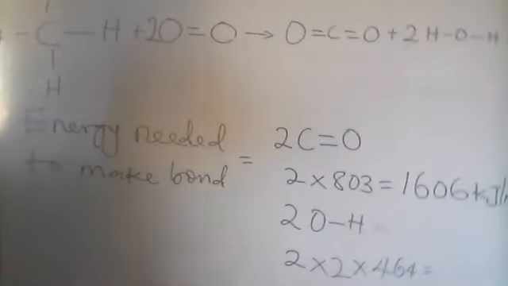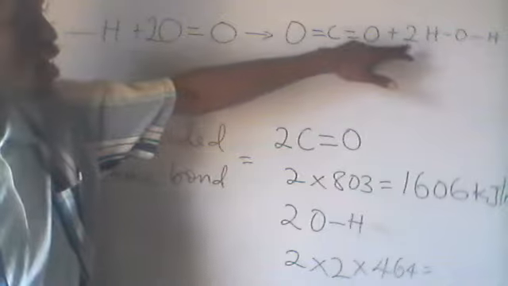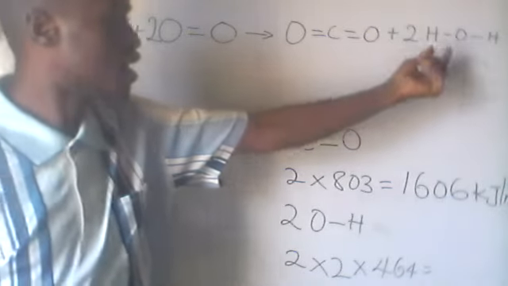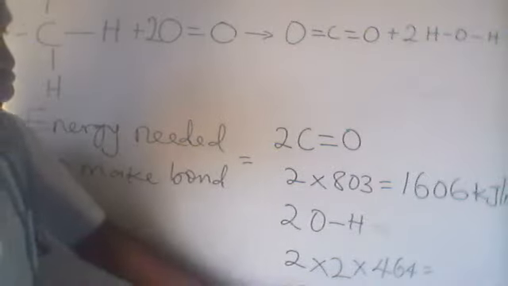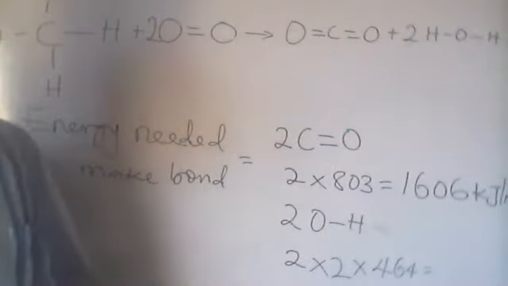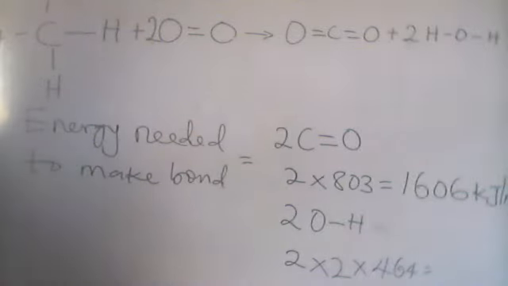Okay, why is it so? I have 2 here, and then I have 1 and 2, water. If you balance the equation, you are going to have 2 times 2 times 464.